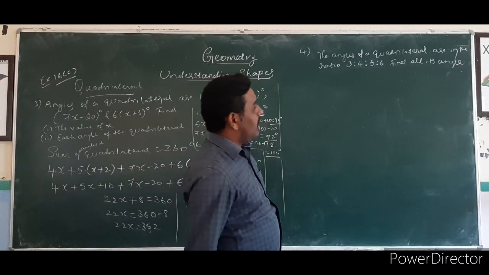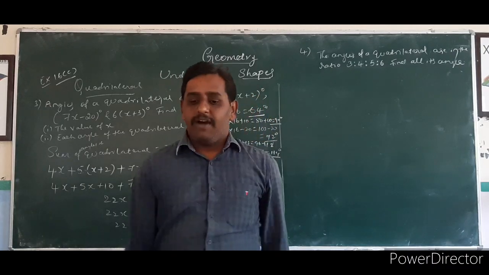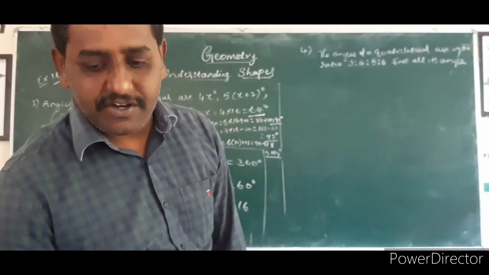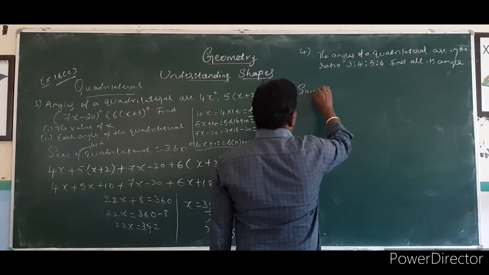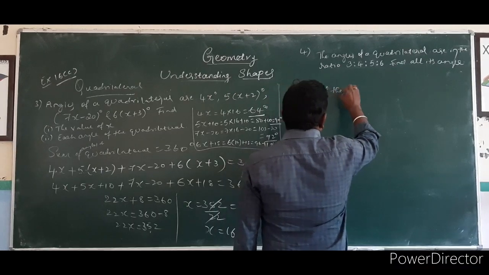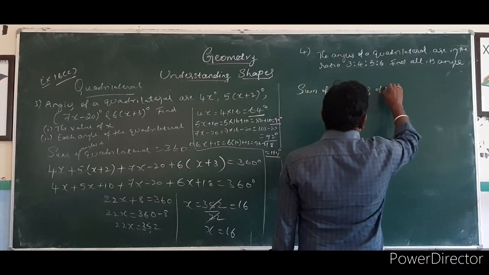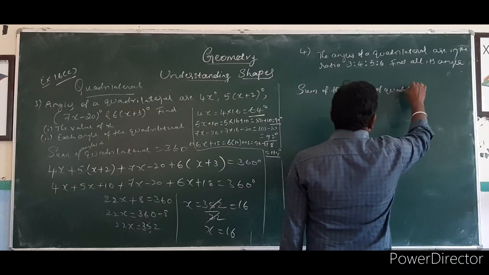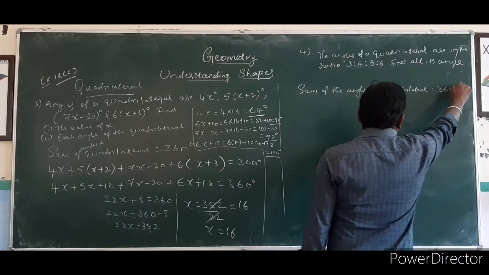The angles of a quadrilateral are in the ratio 3:4:5:6. Find all the angles. The sum of the angles of a quadrilateral is equal to 360 degrees.